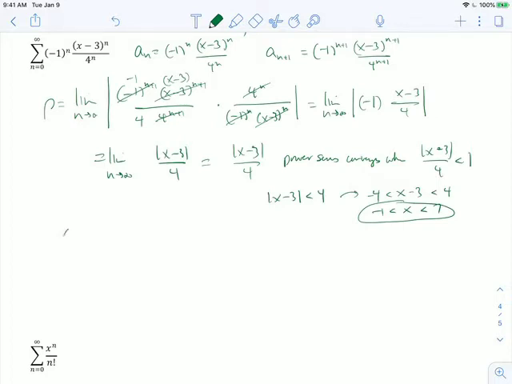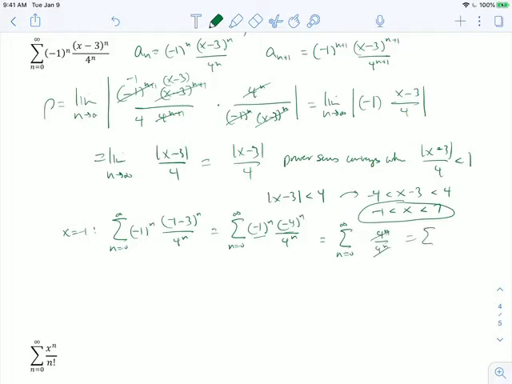When x is negative 1, I get the summation from n equals 0 to infinity of (-1)^n (-1 - 3)^n over 4^n. Negative 1 minus 3 is minus 4, so (-4)^n over 4^n. And (-1)^n times (-4)^n is just 4^n.